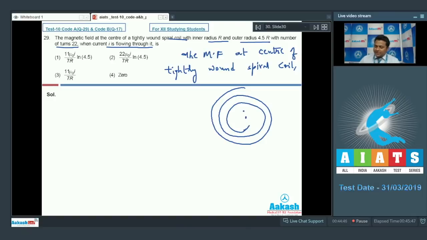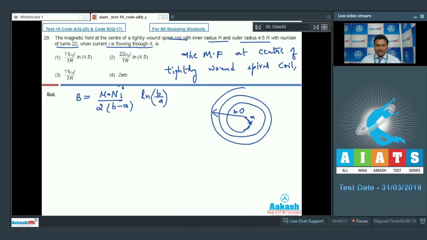Suppose this is the center of the coil, the inner radius is A and the outer radius is B. Then the expression will be given as B equals mu naught N I upon 2 times (B minus A) multiplied by ln of B by A. So this is the expression for the magnetic field at the center of a tightly wound spiral coil.